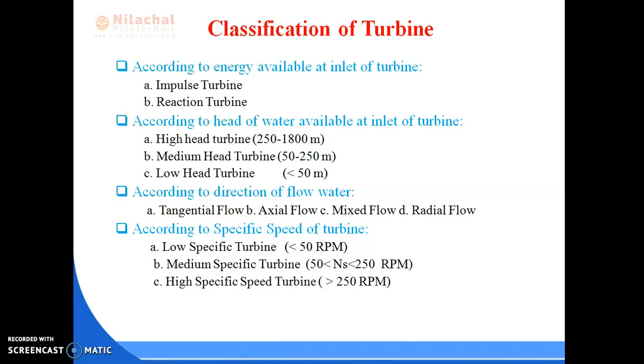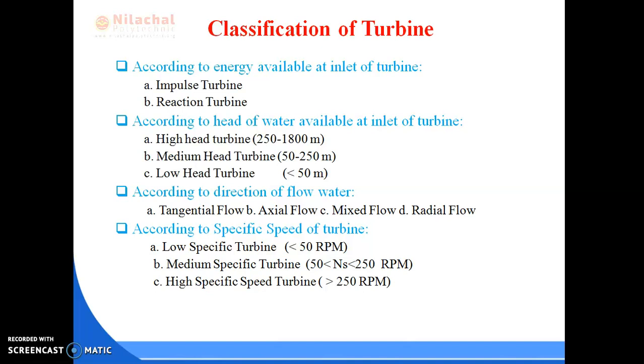So if the penstock is providing the water at a height of 250 to 1800 meter, then the type of turbine is known as your high head turbine. Medium head turbine means the height through which the water enters the turbine unit is between 50 meter to 250 meter.